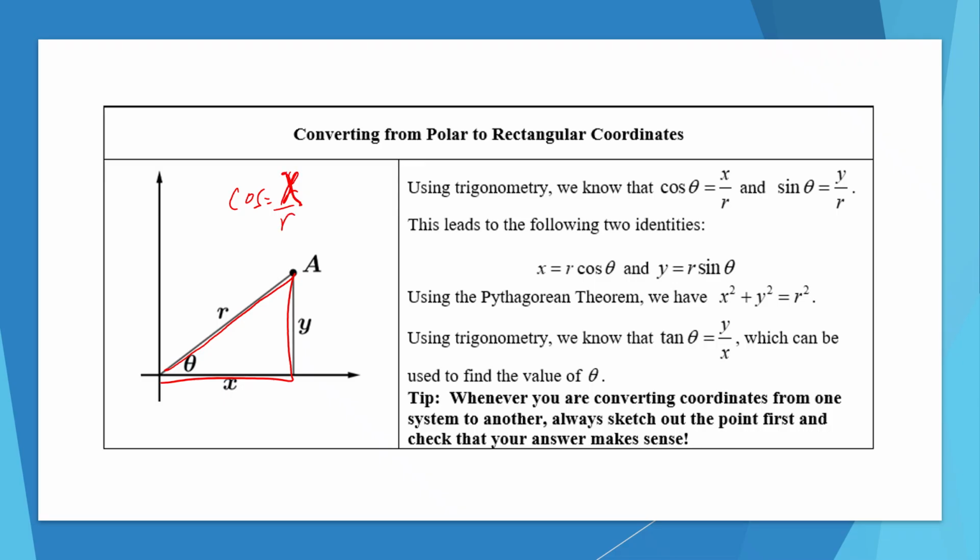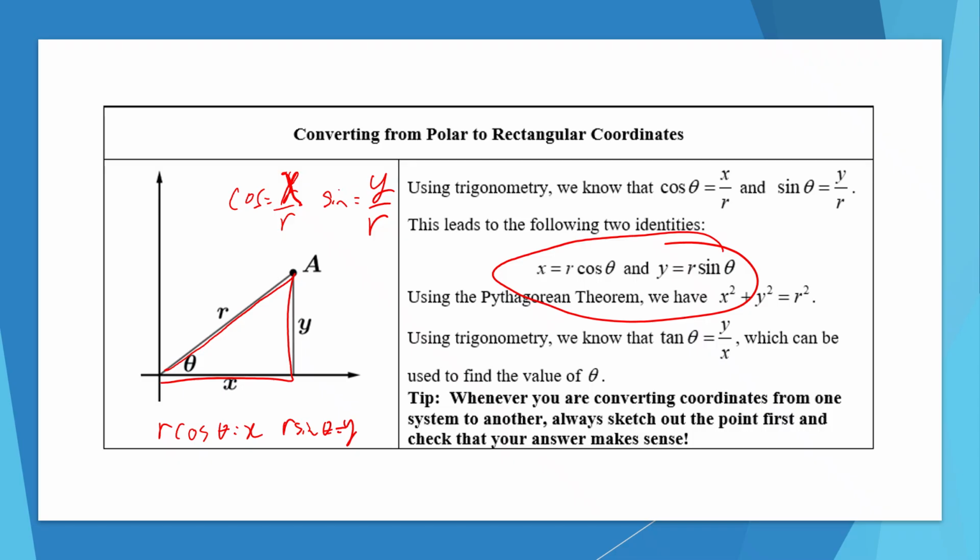Your adjacent x over your hypotenuse r, and then sine will be your opposite y over your hypotenuse r. So we can solve both of these and get r cosine theta equals your x value and r sine theta equals your y value by multiplying both sides by r. These are two formulas I would probably have memorized to help you convert from polar to rectangular coordinates pretty quickly.